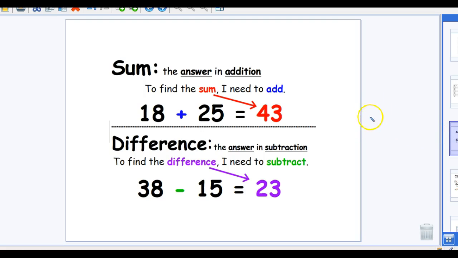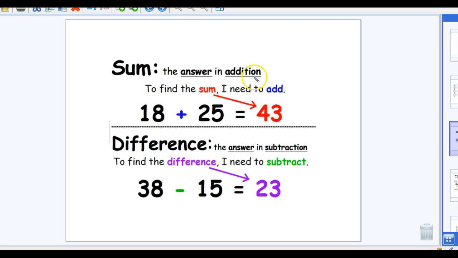Here's where I need you to pause the video when you have to, because you should be copying this information into page 2, which is the back side of the multiplication chart. So you'll be copying in this information here. It talks about the sum. When we say sum in math, we're not asking for an amount. We're asking for the answer in addition.